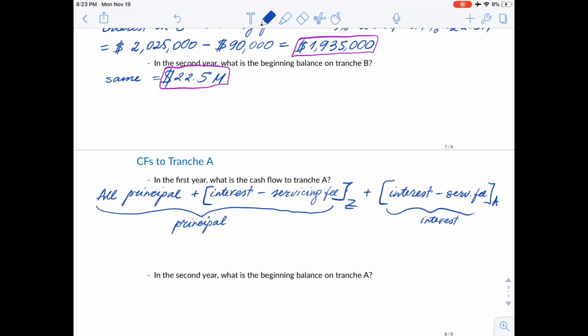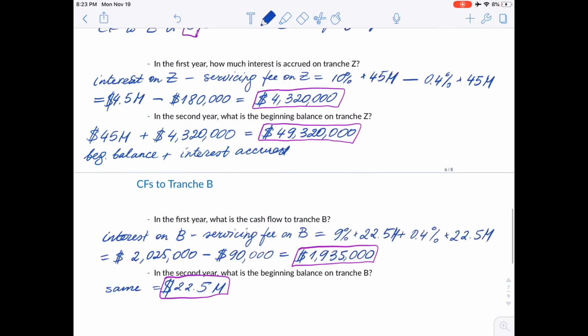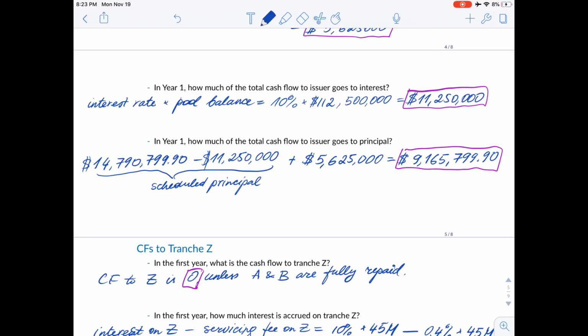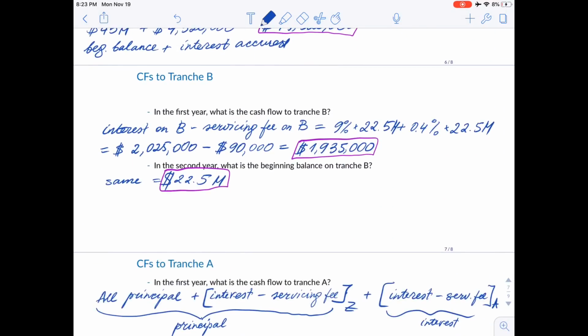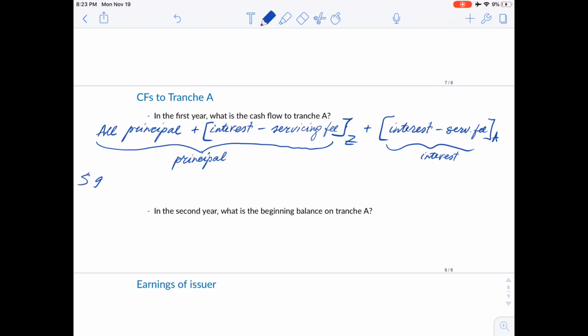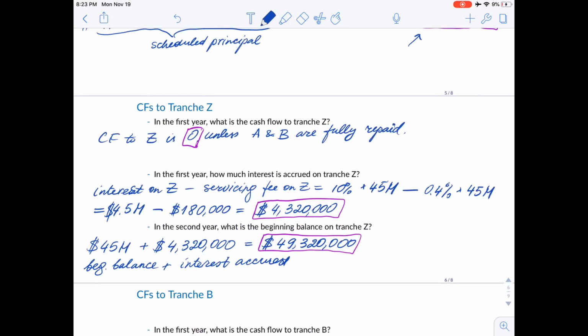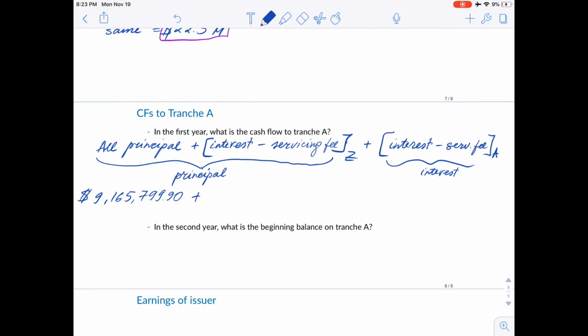We know that the total principal we have already computed in this question will be $9 million and 165,799.90. The interest minus servicing fee on Z is basically the interest accrued on Z, which is 4,320,000.